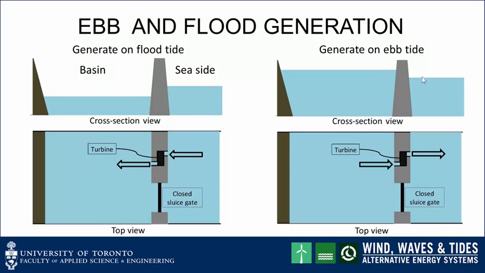Then on the ebb tide, the sea level is falling now, and in the tidal basin there's a differential height, a head, which drives the flow through the turbine. Now the flow is coming back out through the turbine to produce power, and the sluice gate is again closed. So in this case you're generating power on both the flood and the ebb tides, whereas on the ebb generation system you're only capturing the ebb tide.